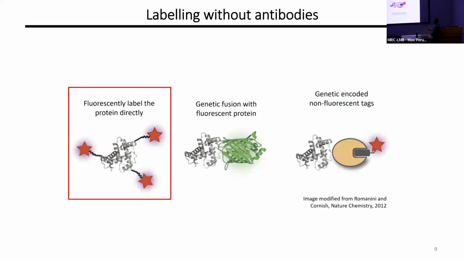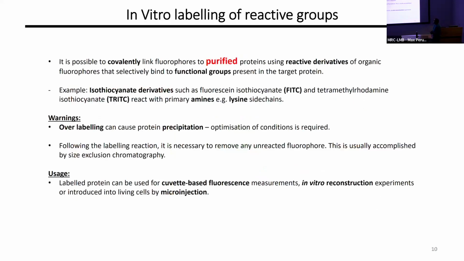Okay, so this was labeling with antibodies, and I will move on to labeling without antibodies. We'll talk first about directly labeling the protein, which can be in various shapes. The first one is to have the protein purified, and you use an agent, a functional group that is able to bind covalently to the protein.